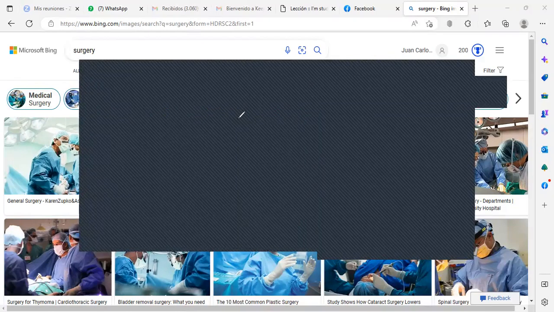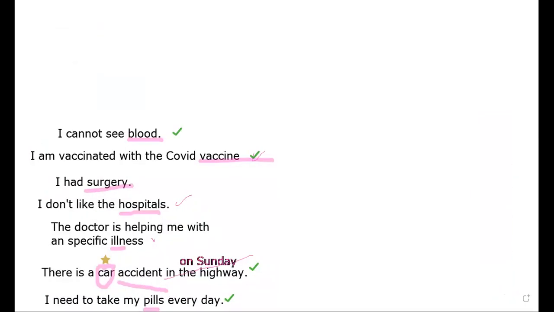And then we have a hospital. It's a cognate, similar to Spanish. So it's like cicatriz in Spanish. Surgery, cirugía. Okay.